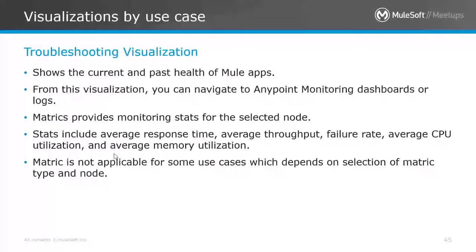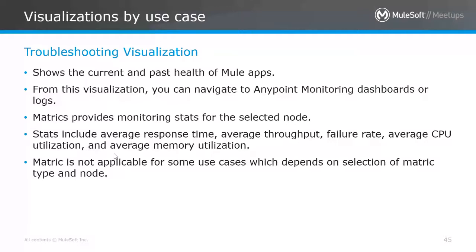Metric is not applicable for some use cases, which depends on the selection of metric type and node. What does this mean? For example, you have a target system. It can be Salesforce, it can be SAP or some external URL, and you select that node to check the metrics, and you may get a message that metrics are not available for this node. You will not see any reason given there. You have to check the documentation, or figure out why the metric is not applicable.